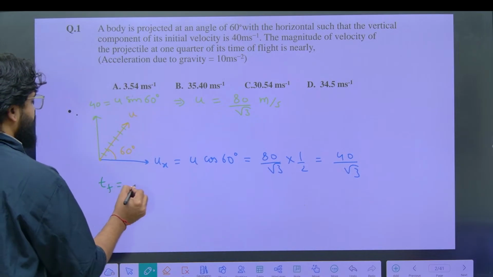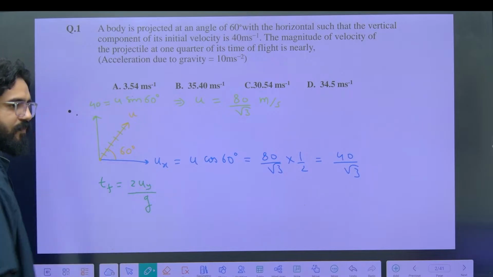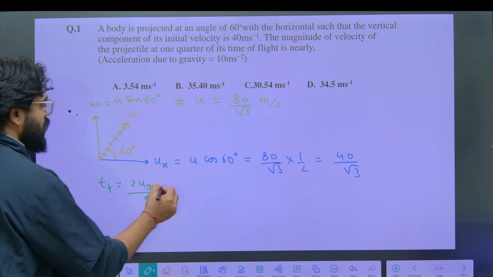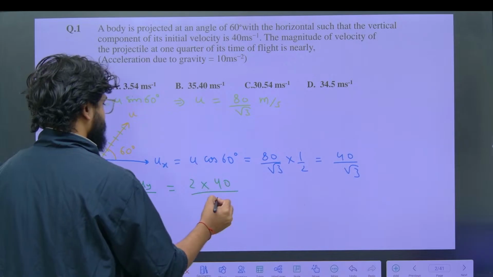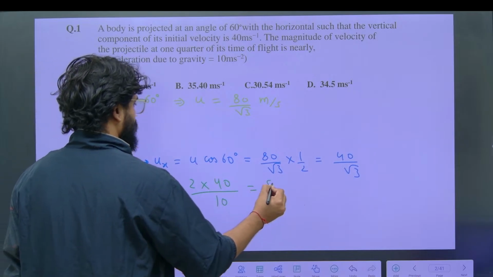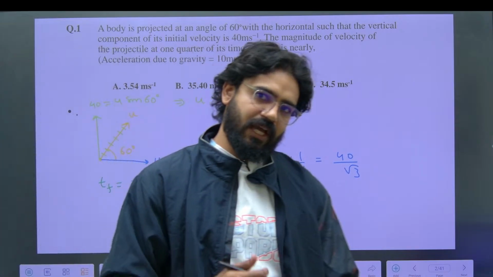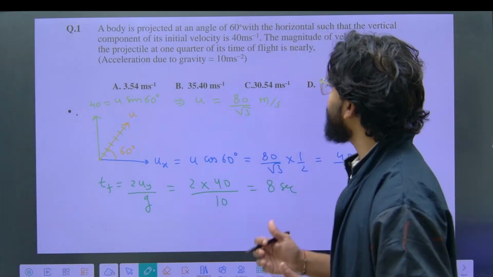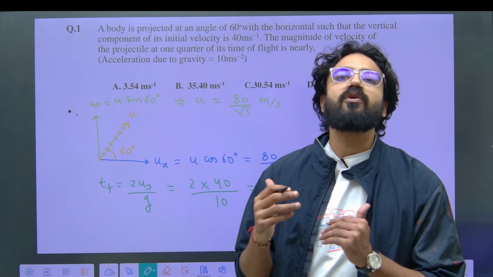Time of flight, as we all know, is 2 uy by g, correct? So what is uy over here? It is 40, and g is 10. So 8 seconds. But they are not asking the time of flight. They are asking what will be the magnitude of velocity or speed at a quarter of the time of flight.